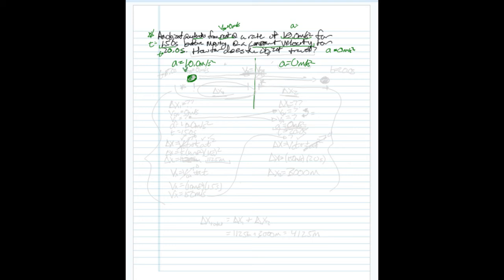It has an initial velocity of 0 meters per second and is doing this for 15 seconds, and is going to move over here to where the acceleration is 0 meters per second squared, and it's traveling for 20 seconds. For this time, it's going to travel some distance that I'm going to call delta x1, and over here it's going to travel some distance, which I'm going to call delta x2.